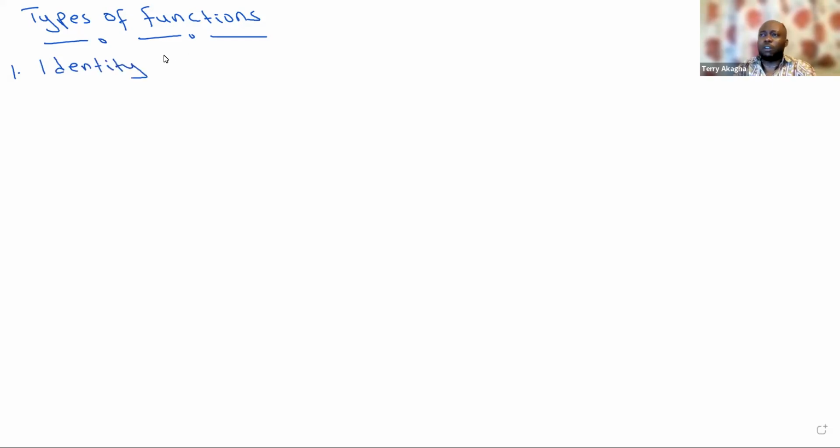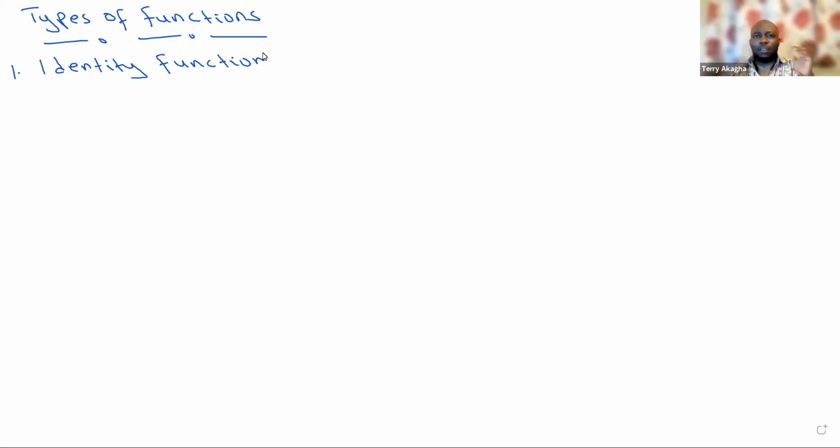Identity functions are functions that return the input in a particular argument unchanged. Remember, in processing numbers, I said the x coming in goes through the function and brings out the y. Does that make sense?